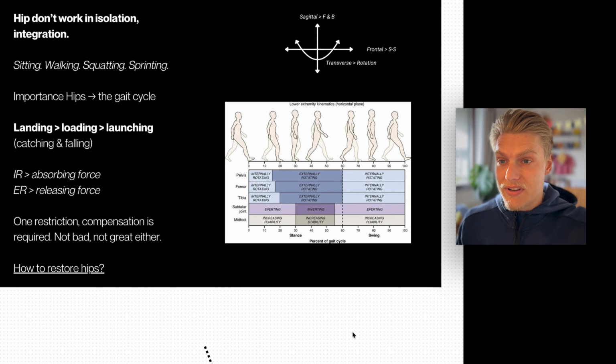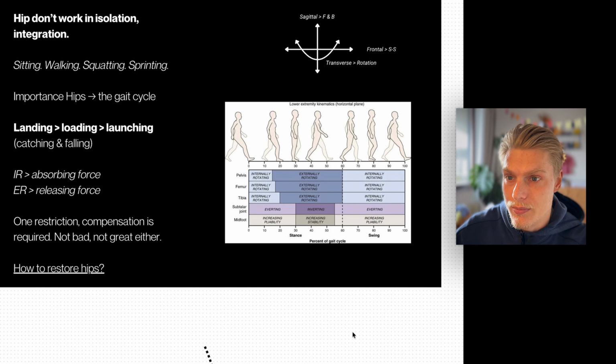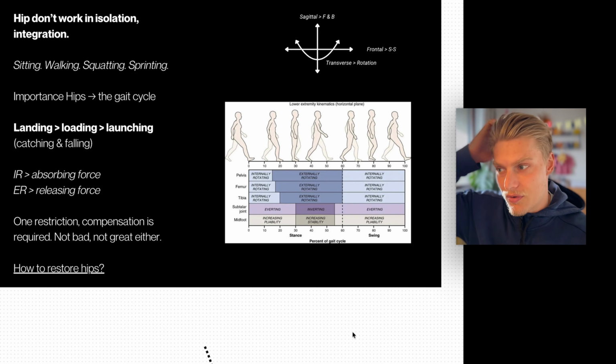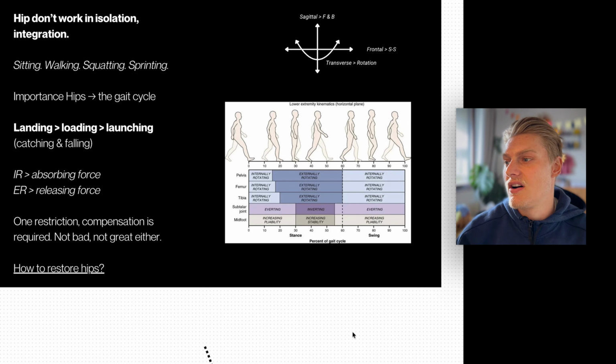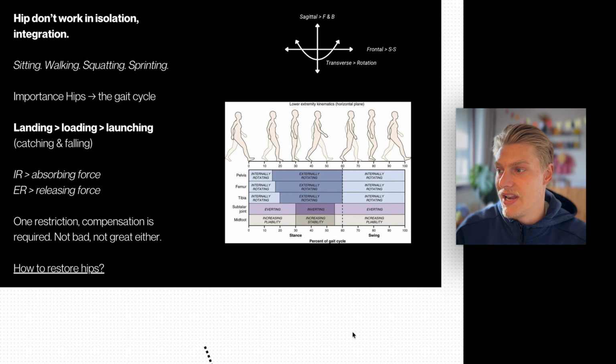That is what gravity does, it pushes us down, and then we catch ourselves, we absorb force, and then we push ourselves forward. So the phases of a gait cycle are a landing, loading, and launching phase. And I want to show you how the hips and the pelvic region play such an important role in this force management.